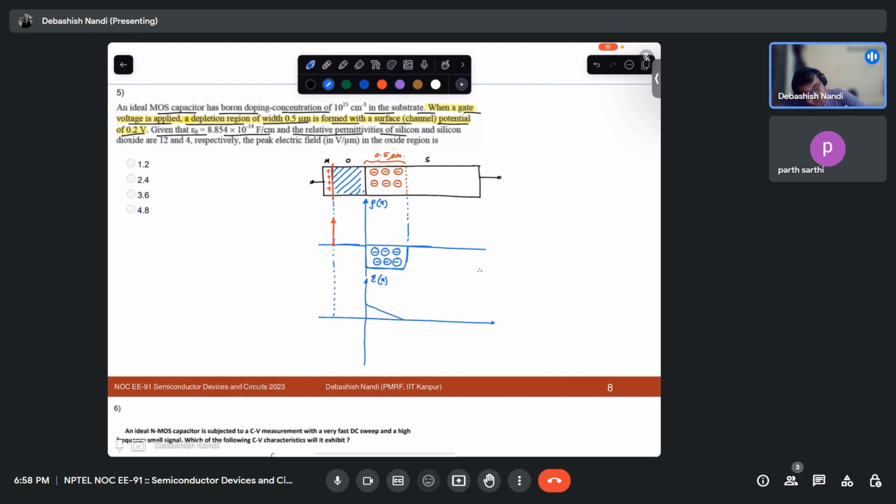And what will be happening at the interface? There will be a jump, right? Yes, sir. Why will there be a jump? Because of discontinuity. Why?